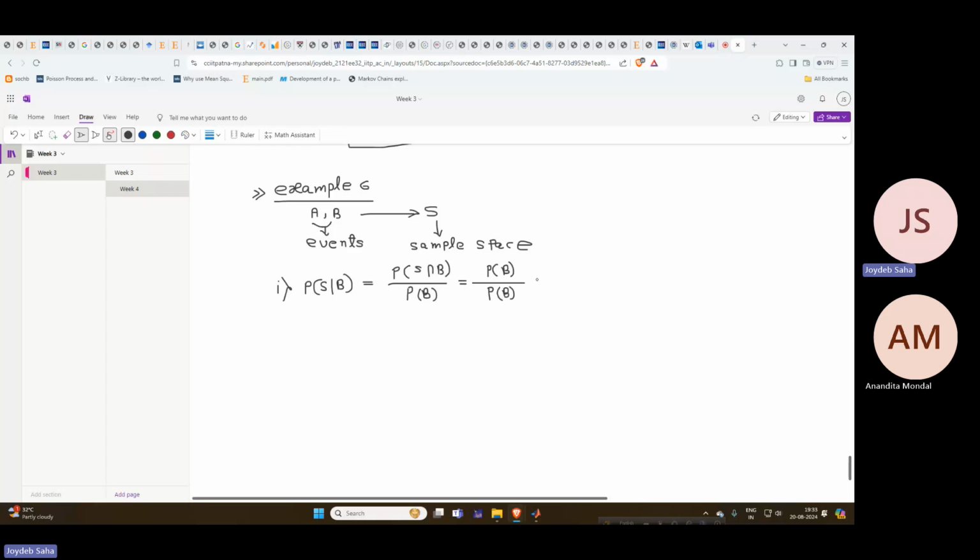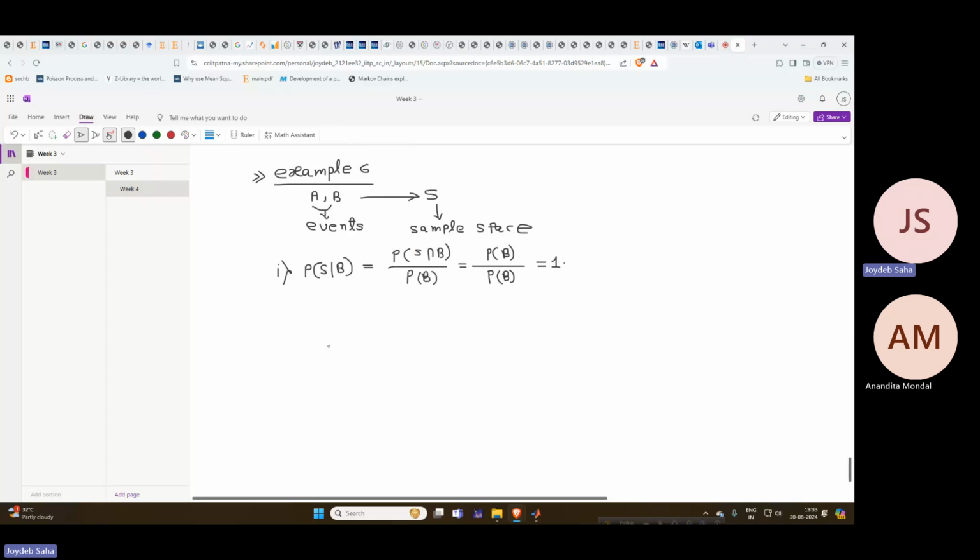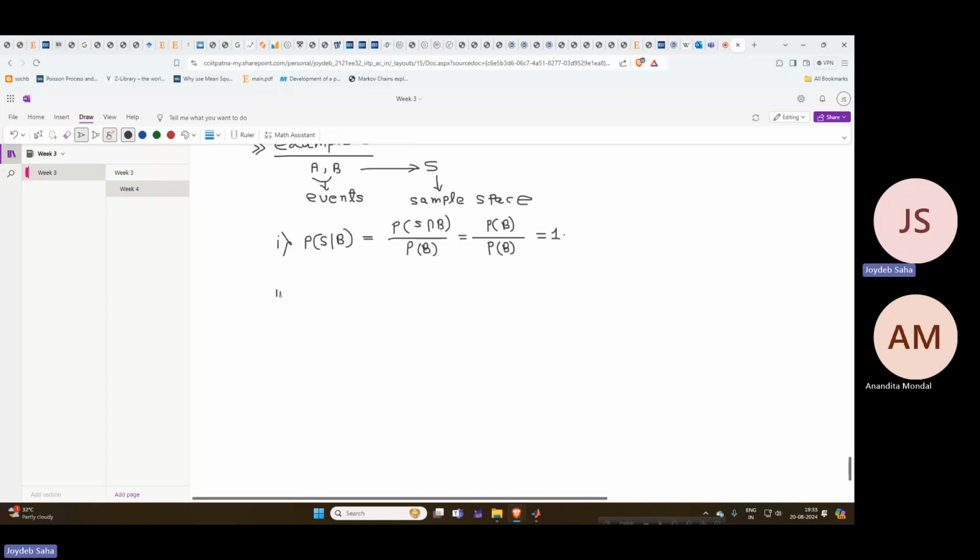Then it is probability B divided by probability B, which is equal to 1. Okay.